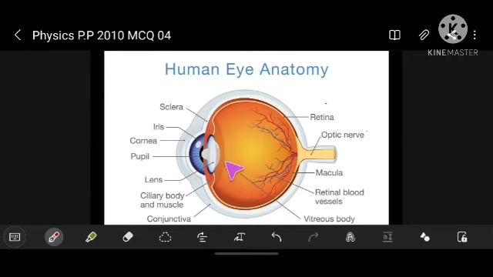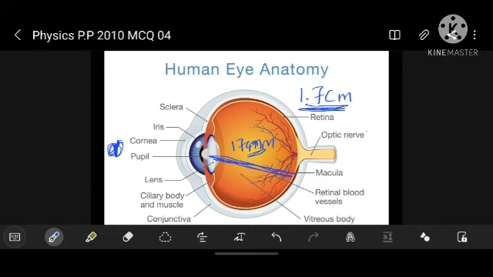Therefore, your focal length will be increased. So when an object is located at infinity, the focal length, or the distance from the cornea to the retina of a normal relaxed eye, is about 17 millimeter. In other words, 1.7 centimeter.